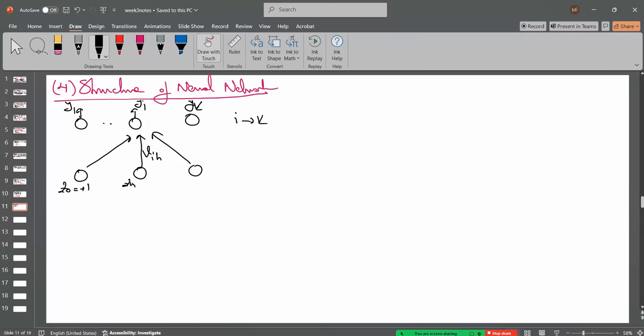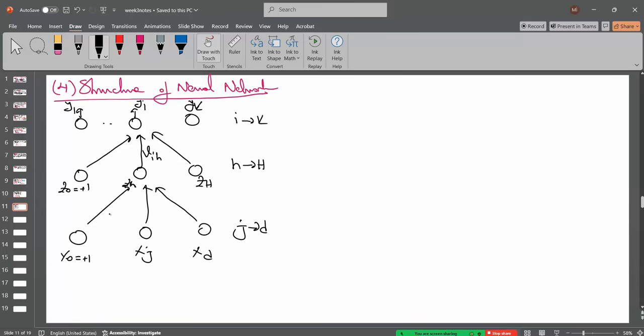This is z_h, the general one, and the last hidden layer neuron is z_H, so h goes up to the bigger H. And also we can define the input neurons in here with the parameter x0 equal to plus 1, and x_j up to x_d. This j is the index, and d is the biggest number of these neurons. And also every coefficient is equal to w_hj indices in here.